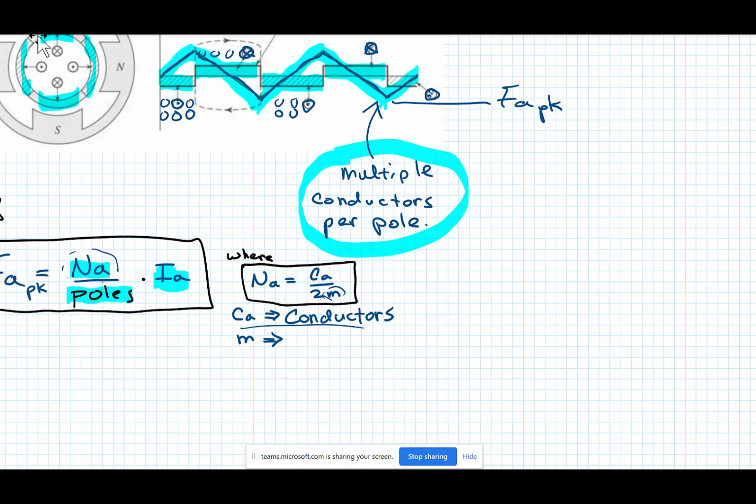If you want to put in more current, you actually have to be able to wind the copper into the slot. You can't make the copper bend, so you could use smaller copper and put them in parallel. So this is the parallel conductors per slot. So M means they are in parallel, and the current divides up between the conductors.